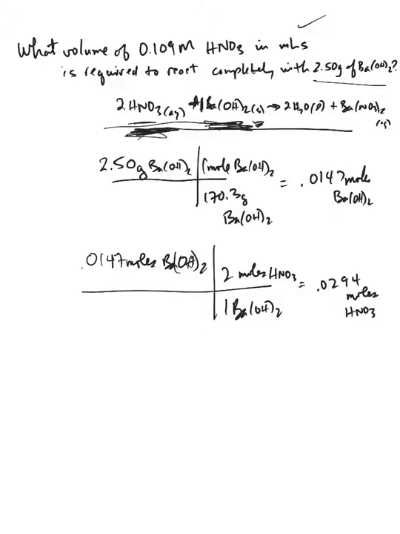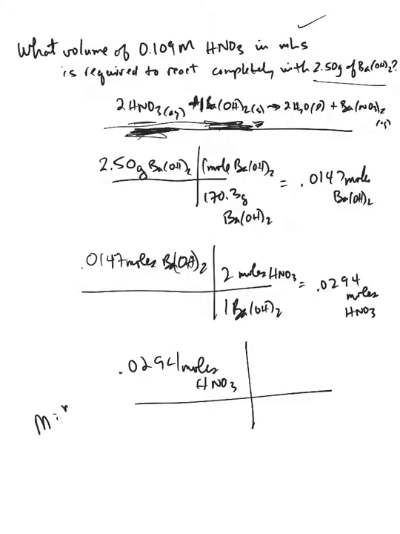Let us go back to the very beginning, and I tell my students, and I'll tell you, that a molarity is a conversion factor. It doesn't look like it necessarily, but it really is. So when you say a molarity is moles per liter, you could use that as is or written upside down if you need it. And here we need it upside down. So 0.109 moles HNO3 per liter.